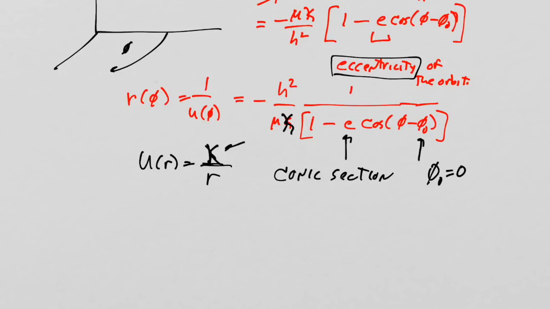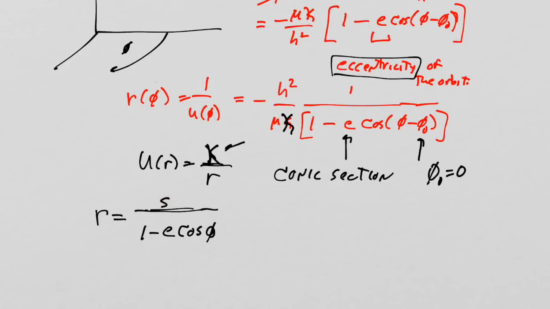You may remember that in a conic section, we have a whole bunch of really useful expressions. First of all, the formula for a general conic section is r equals some constant S over 1 minus e cosine phi. That's your standard conic section formula. When you study conic sections, everybody runs through these with slightly different definitions.